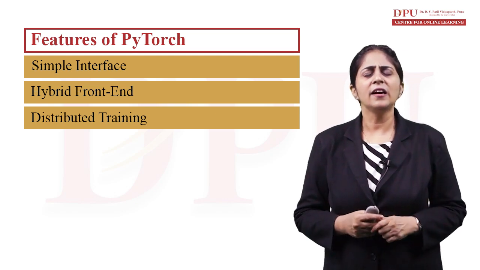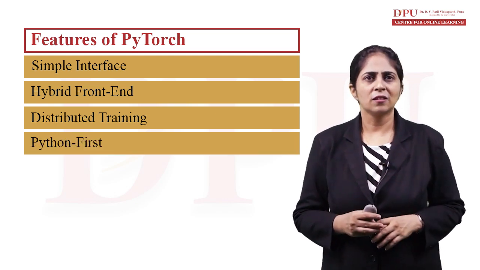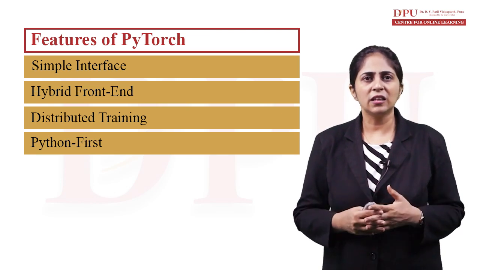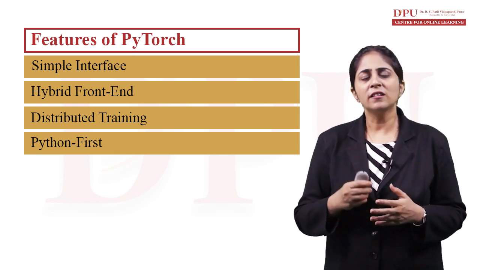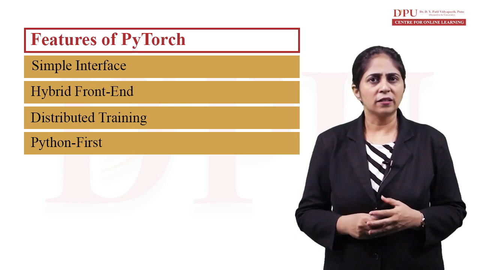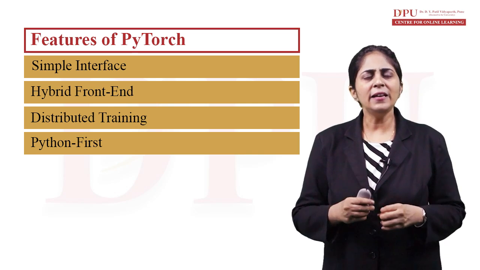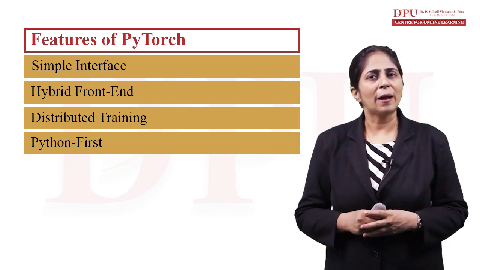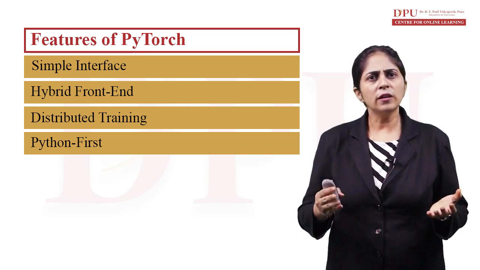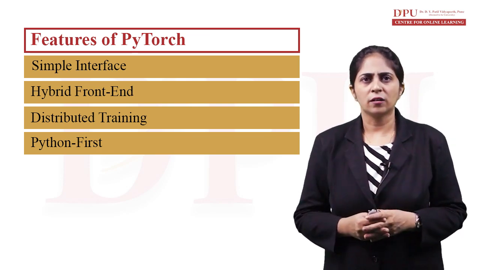Next feature of it is Python first. Python first, as the word indicates, means that PyTorch is completely based on Python. It is built deeply into the Python programming language. Its code is completely Pythonic.